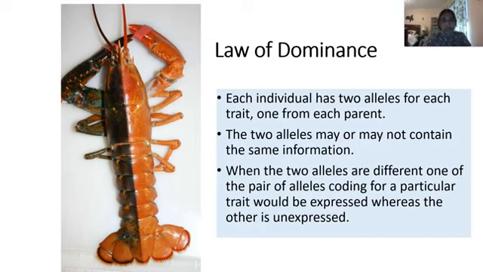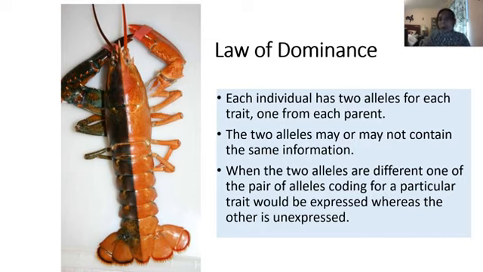Now, we have talked about how they can be inherited, and once they're inherited, how they can show. Sometimes you have dominant versus recessive, where one shows up predominantly and the other one is masked by it. Other times there is codominance, where both can be present and both can show in the final outcome.